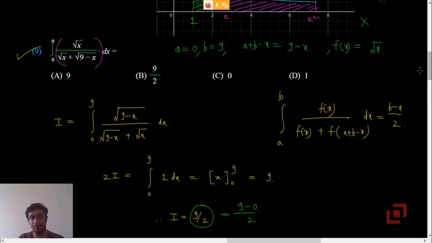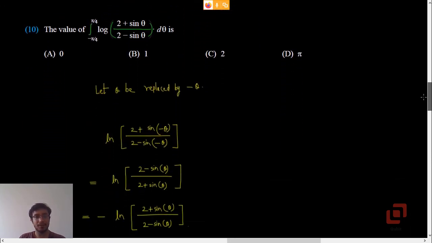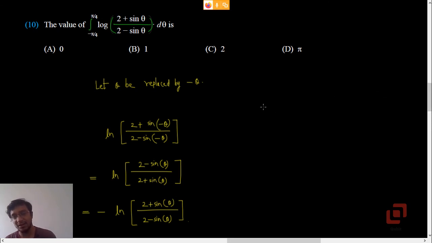Very simple. Last MCQ, and this is again based on the properties. 10th. The value of the integral with limits minus pi by 4 to pi by 4 log of 2 plus sine theta upon 2 minus sine theta d theta is 0, 1, 2, pi.